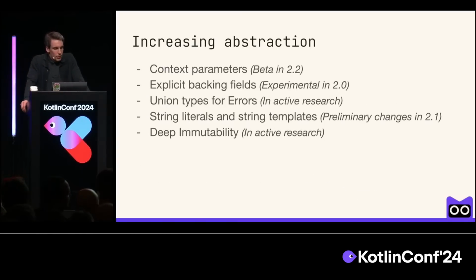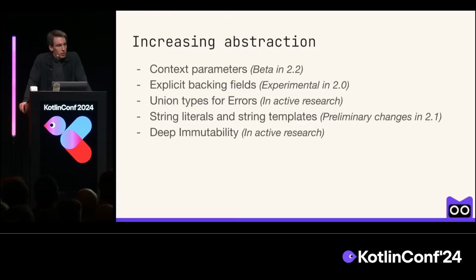The next area is about increasing abstraction in Kotlin. And here we have a few large features which are probably some of the most exciting in Kotlin, such as context parameters, which are going to be released in beta in Kotlin 2.2, explicit backend fields, union types for errors, string literals and string templates.